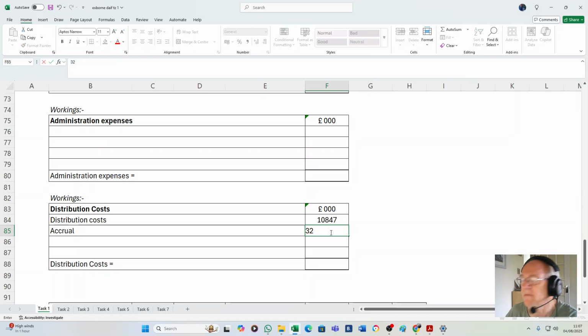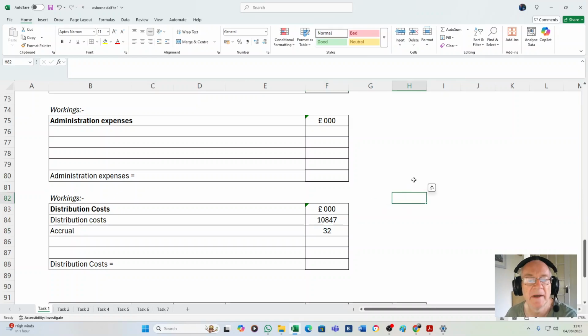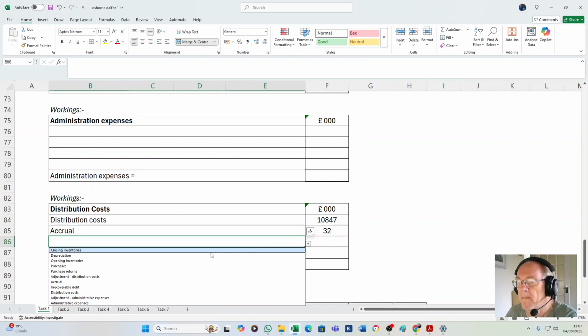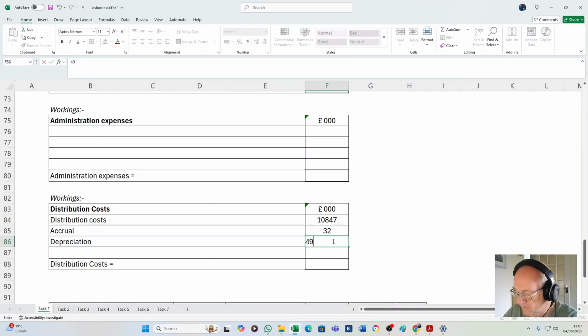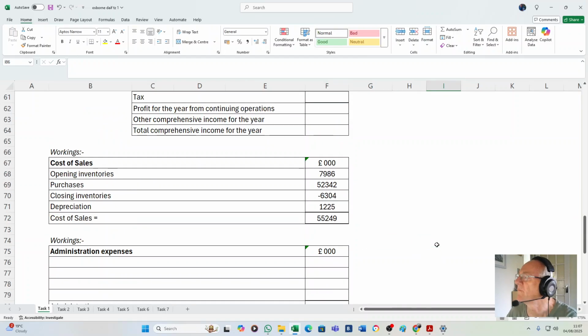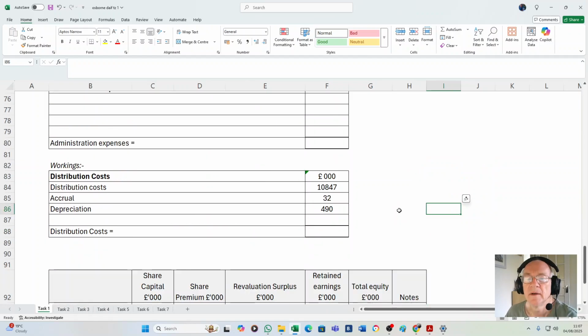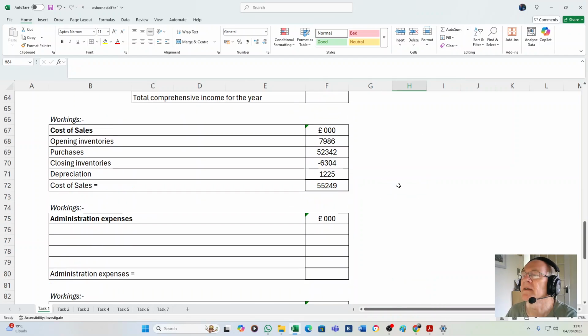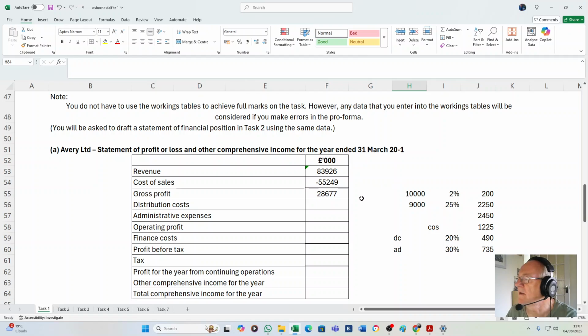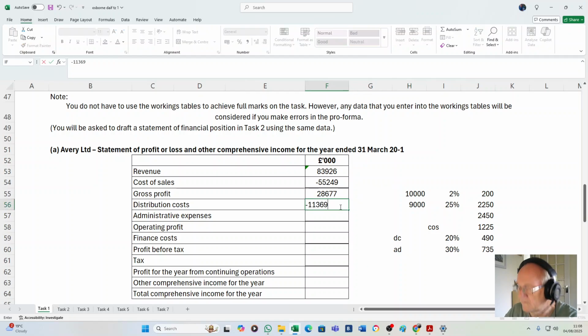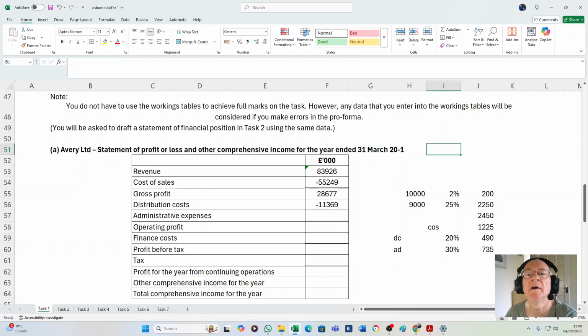Again, it's just picking up the information, practice, picking up the information, and then we've got our depreciation, which we've already worked out up here, 20%. 10847. There's only those, there's no minuses. I'll put an extra row in for some reason. 11369. So showing that as a minus on this version.